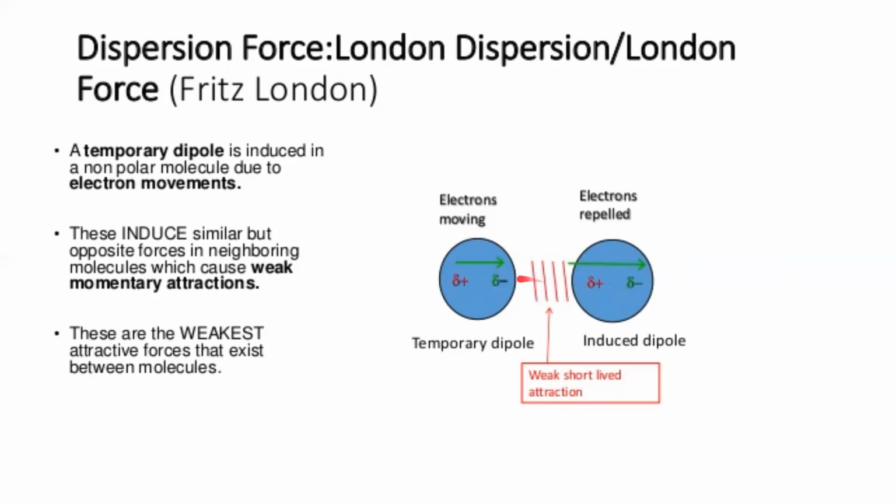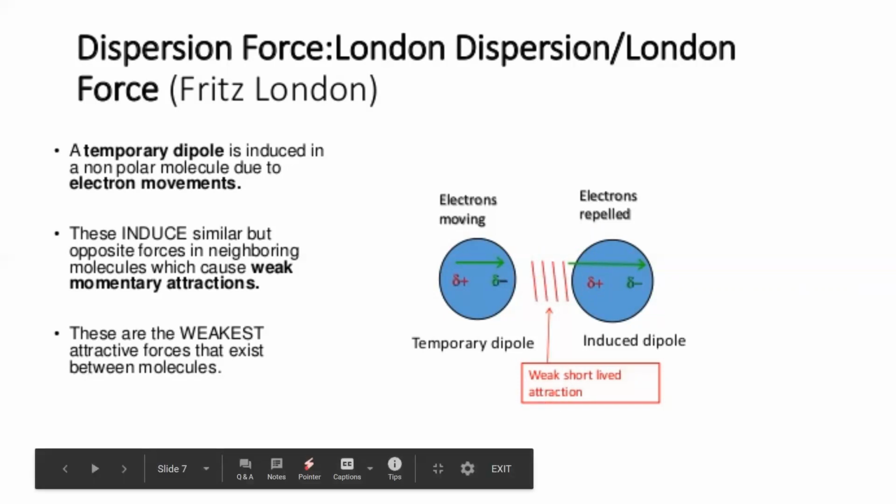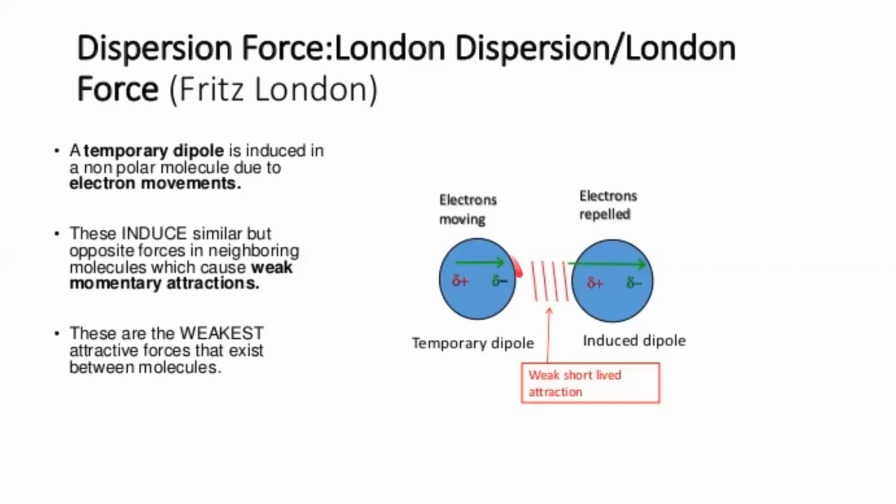So then we get this attractive force here, allowing for a weak, short-lived attraction. All of a sudden, these electrons will redistribute back to more neutral, balanced, and then the same thing will happen here until, again, another molecule does the same thing, causing another temporary dipole, and then inducing dipoles in others.